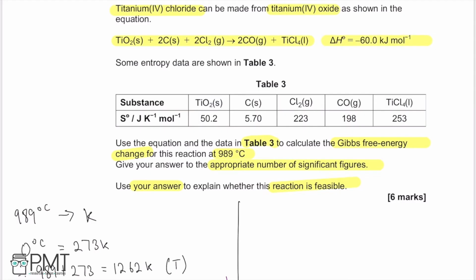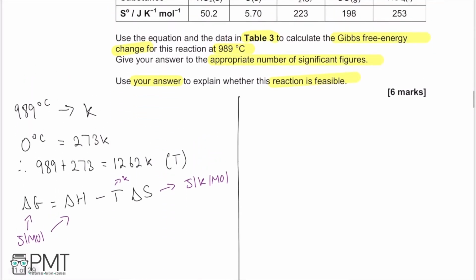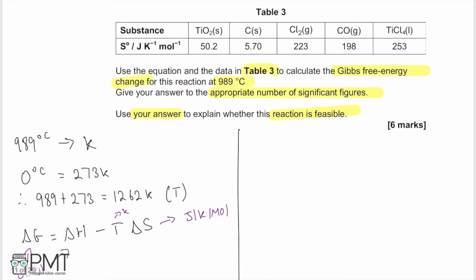What we are going to do now is use the equation for entropy change, which is entropy change equals SP minus SR, where SP stands for the entropy data for products and SR stands for the entropy data for the reactants.